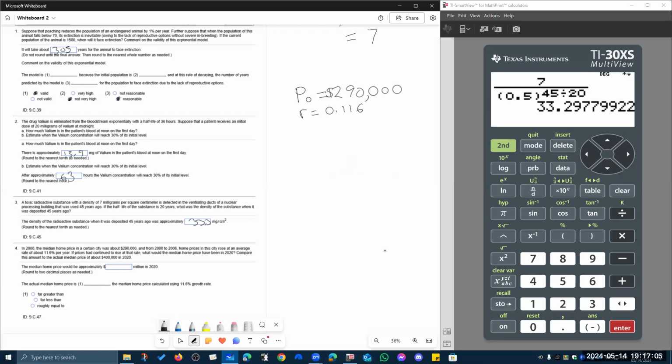So we want P of T is equal to 290,000 times 1.116 to the T, where T is equal to the number of years since the year 2000.